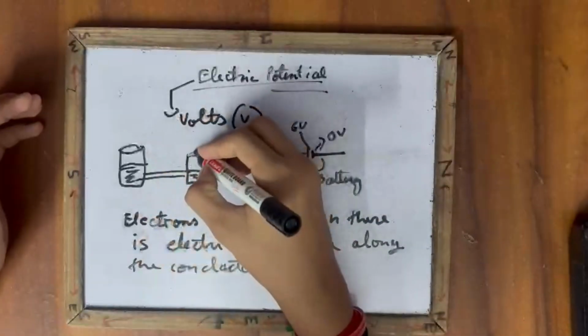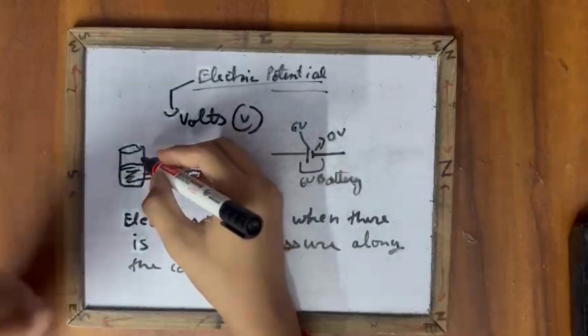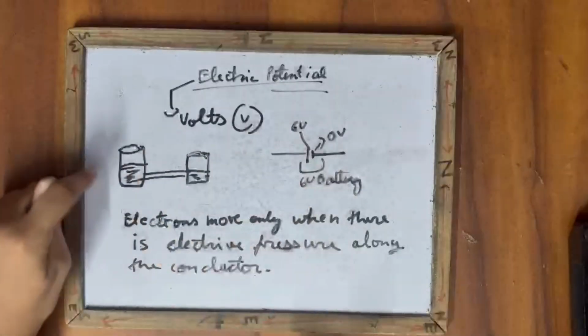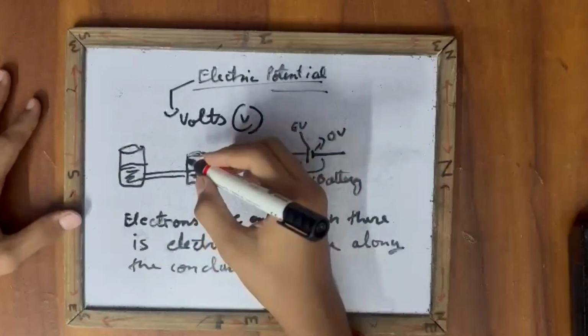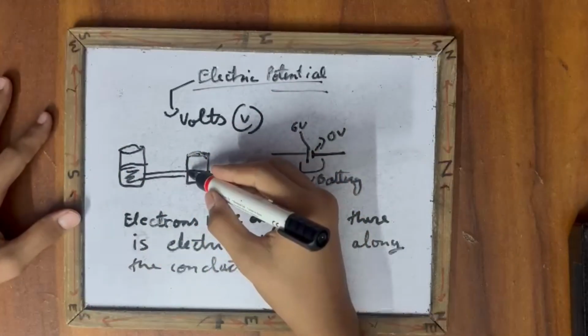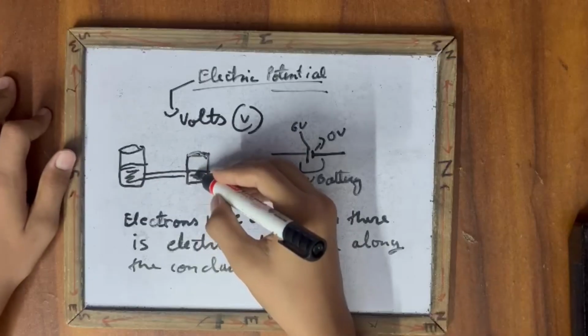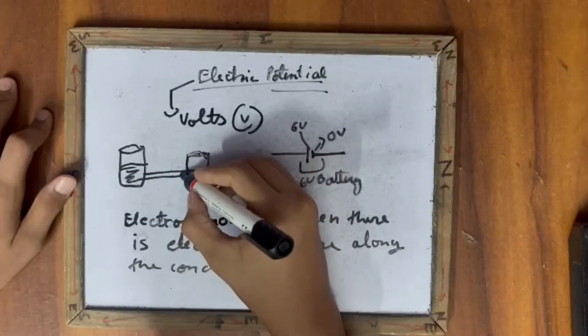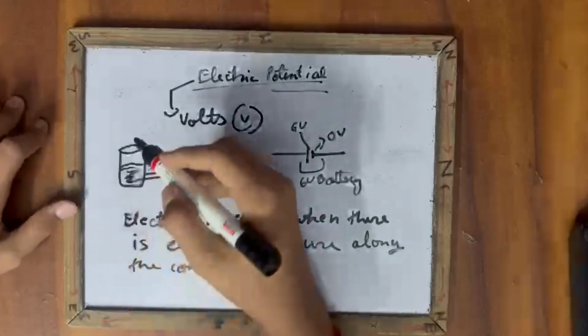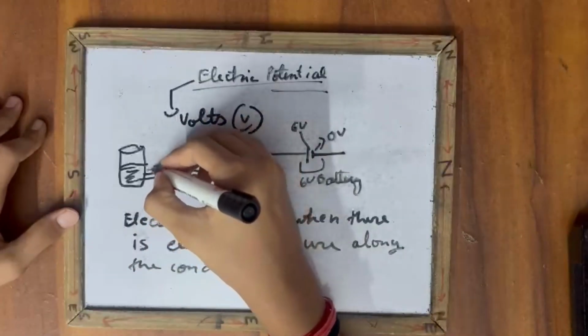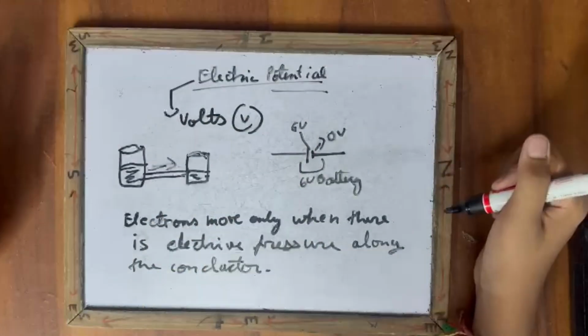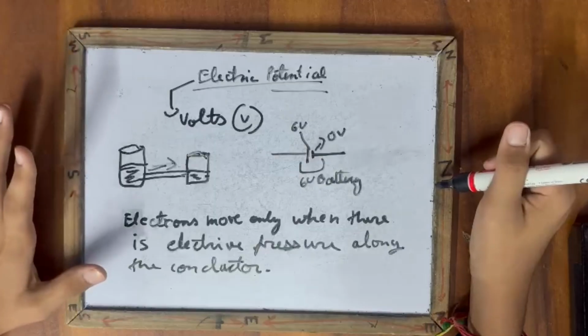We have a beaker filled with water up to this level, and a small container with very little water, and we have a tube. Water will flow through this tube from one to the other. So this is electric potential.